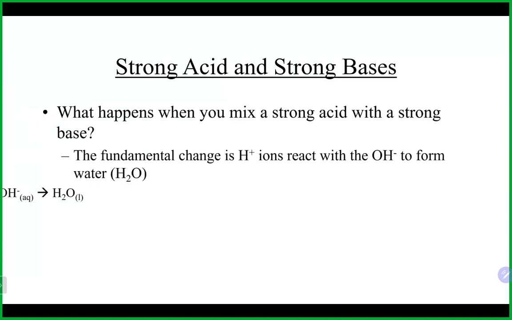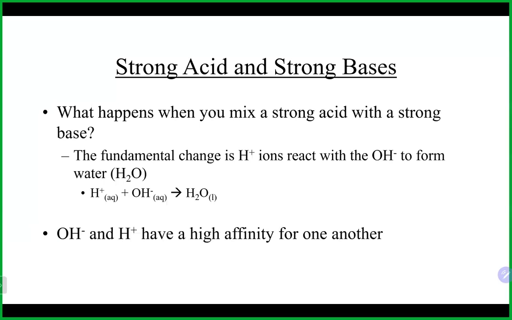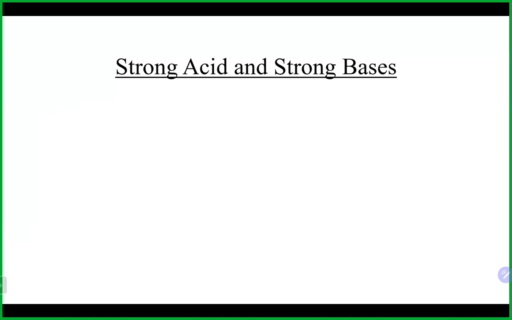Now, the reaction of a strong acid and a strong base will essentially always make two things. If you take a strong acid and a strong base, you will get what is referred to as a salt and water.